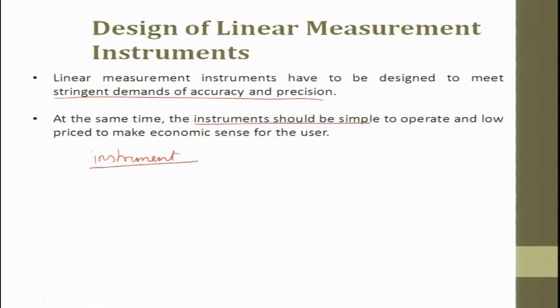When you try to have any instrument, what are the major things it has to be? First, it has to show clearly the values you obtain or measure.